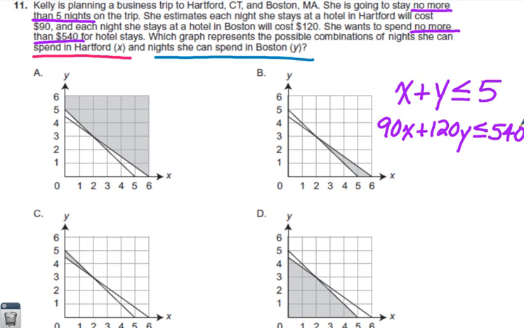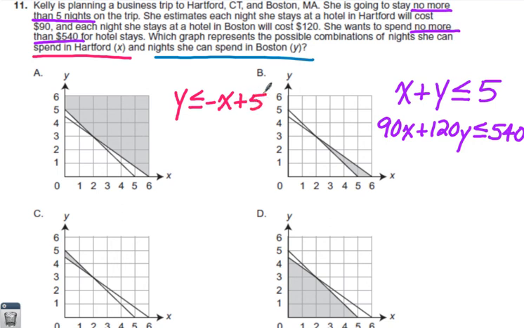Well, how do we know which graph is correct? Don't we need to put these in mx plus b form? Now this one, all you really have to do is subtract x to the other side, which gets you y is less than or equal to negative x plus 5.